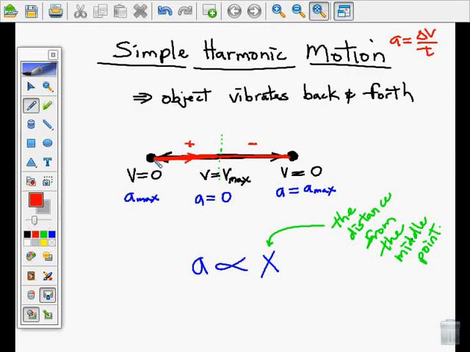Now, there are two big examples of simple harmonic motion that you'll be exposed to in questions and problems. One is a swing, the pendulum, swinging back and forth, and the other is a spring, where you have a mass bobbing up and down.